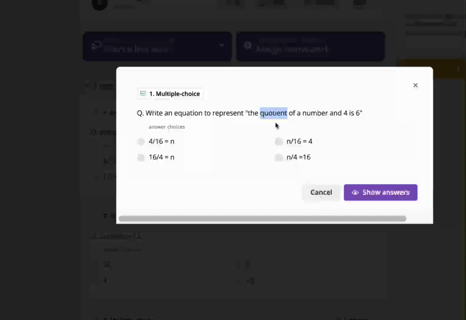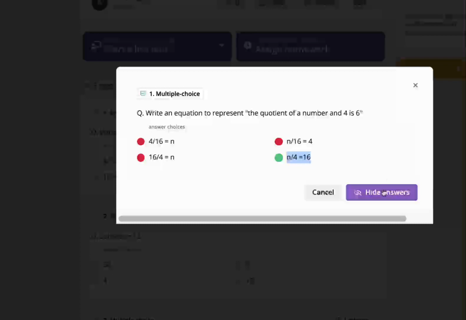The quotient means divide, and you have a number and you don't know what the number is, so we should use a letter, a symbol for the variable. So we use n as the variable, and the quotient of a number and 4 means you divide it by 4. So n divided by 4 equals 16. Okay, my hero? Okay, Mister, thanks.